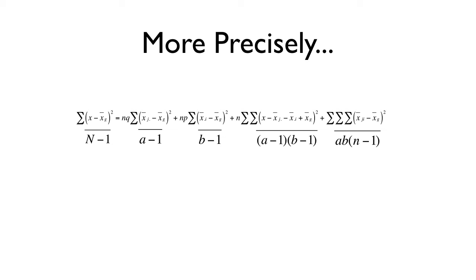Think about this. If we have a simple 2x2 design, if I say that the effect for A1 is 1, what's the effect for A2? If A1 was 1, A2 must be negative 1.